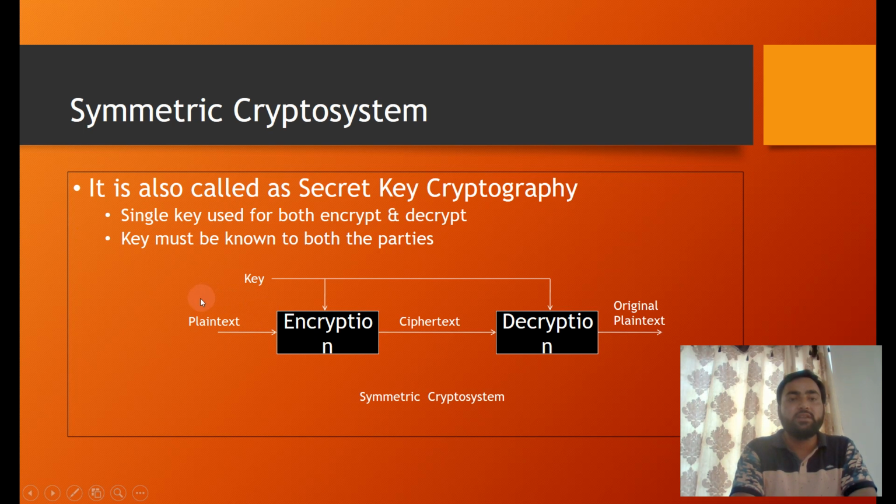So as you can see in the diagram, we are feeding plain text to the encryption mechanism. This encryption mechanism uses a key. This key is used to convert the plain text into the cipher text. This cipher text is in an unreadable format, and it will be sent over the network.